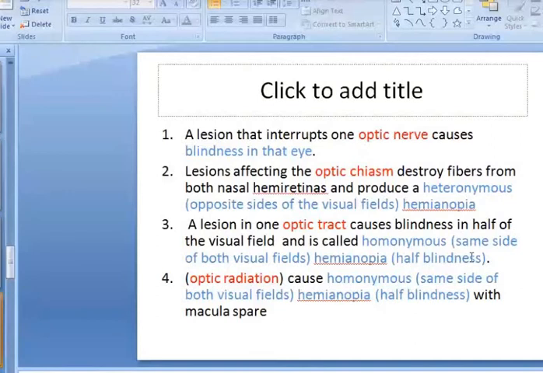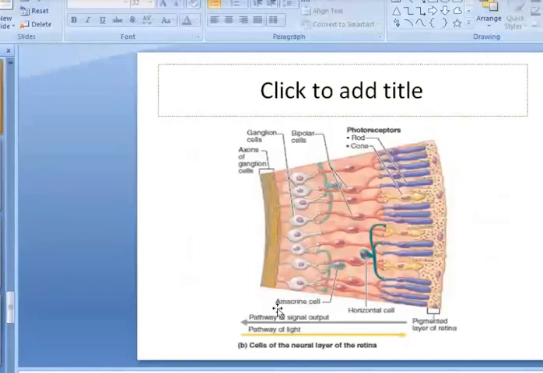Now again, I want to show you this figure. There are photoreceptors, rods and cones, giving information to the bipolar cell, and from the bipolar cell the information goes to the ganglionic cell. The axons of the ganglionic cells form the optic nerve.